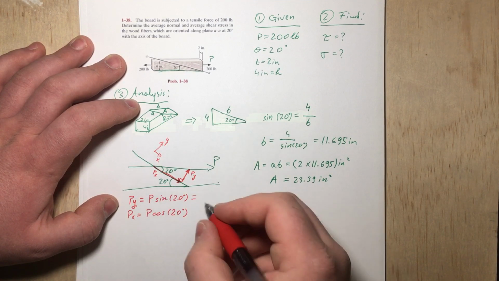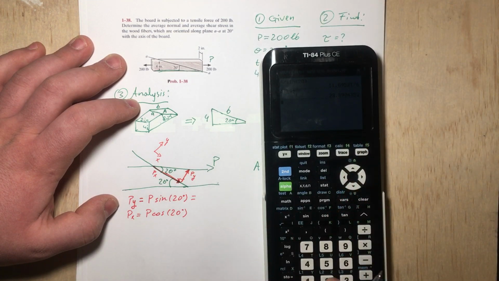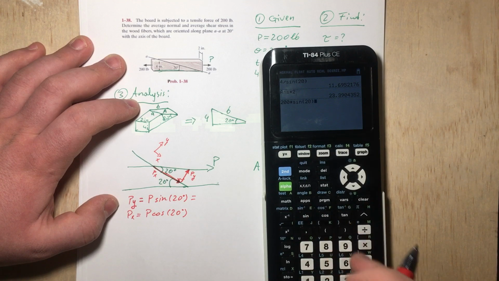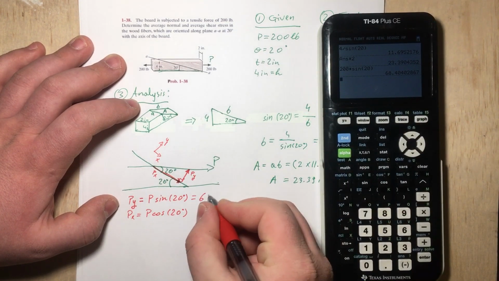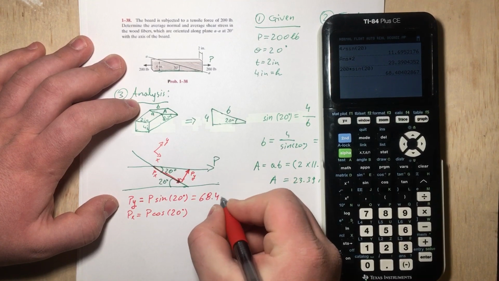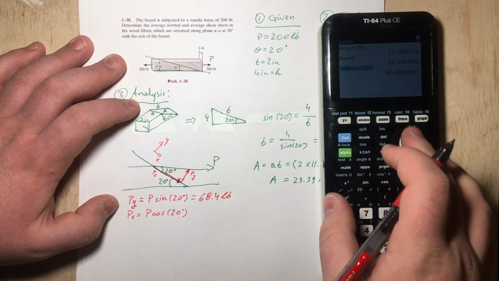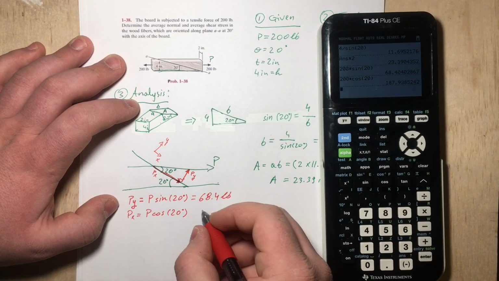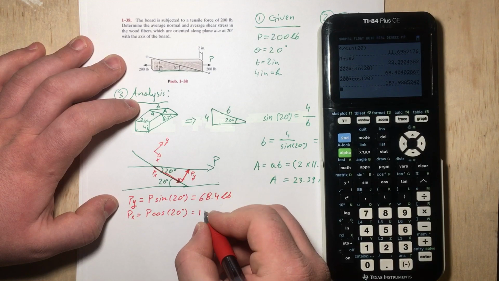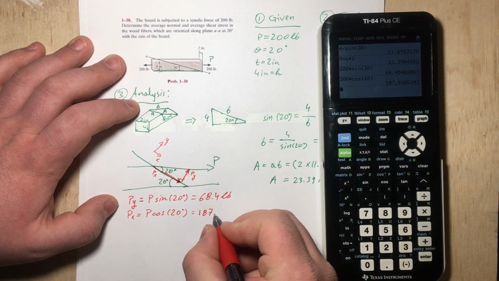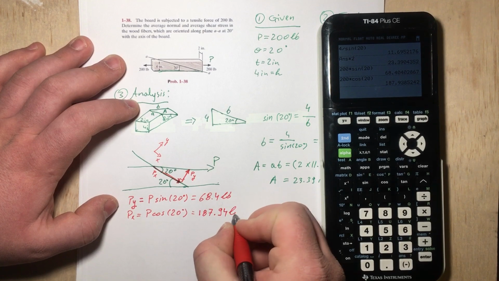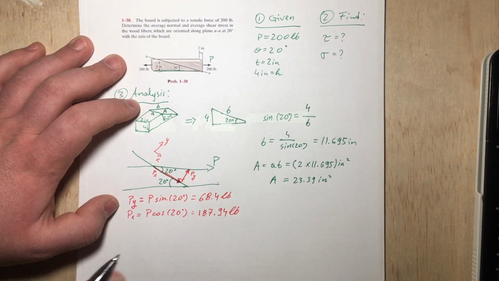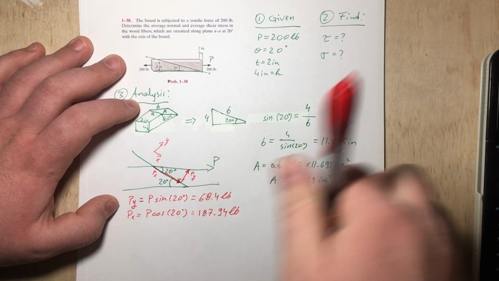By plugging in 200 for P, we get 200 times sine of 20, that is our Py, which is 68.4 pounds. We also do that for Px, but this time we have cosine of 20, and we get 187.94 pounds.